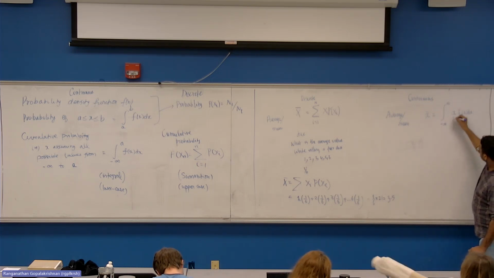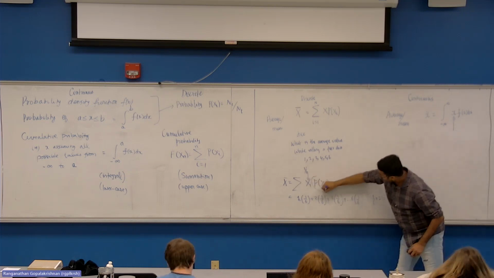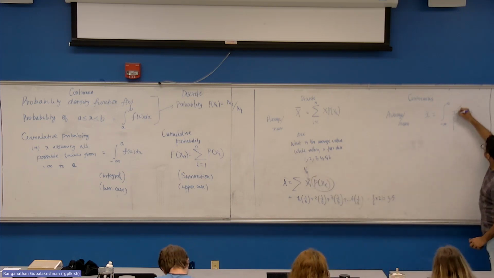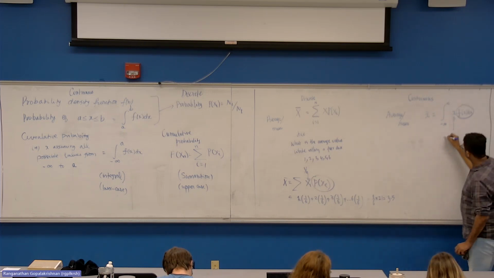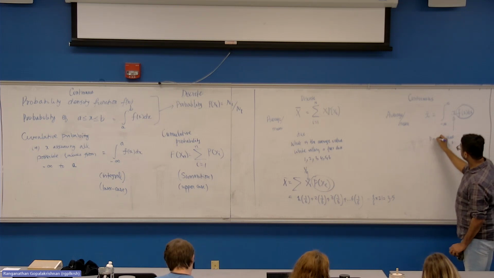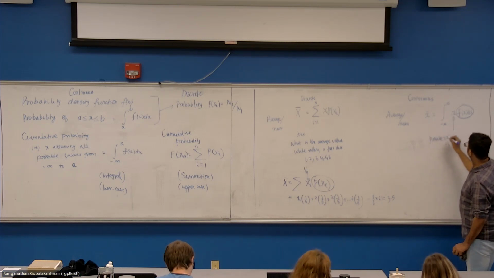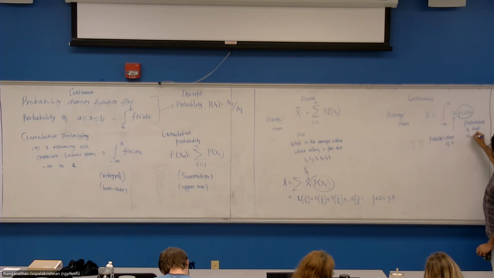This is the value of x, exactly like here. And then you have to multiply by the probability, which is this. So this is the value of x, or possible value of x, and this is the probability of that value occurring.